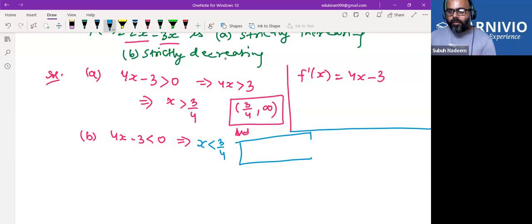So it will be minus infinity to 3 by 4. So this is the region where it is decreasing, and that is the region where it is increasing.